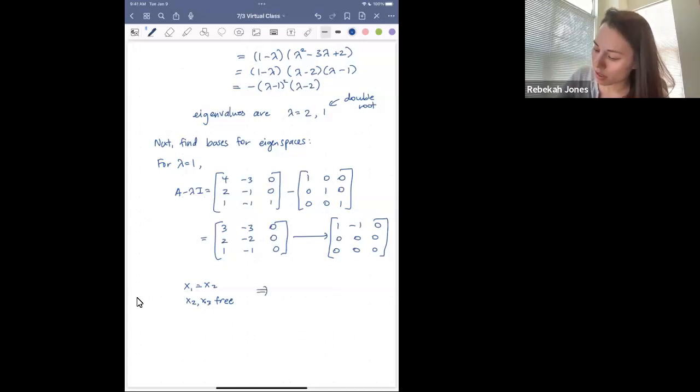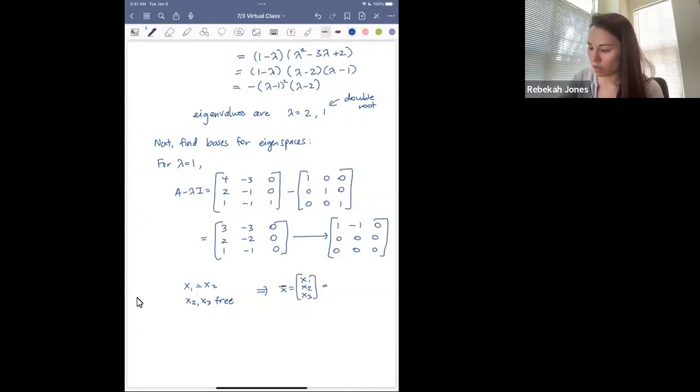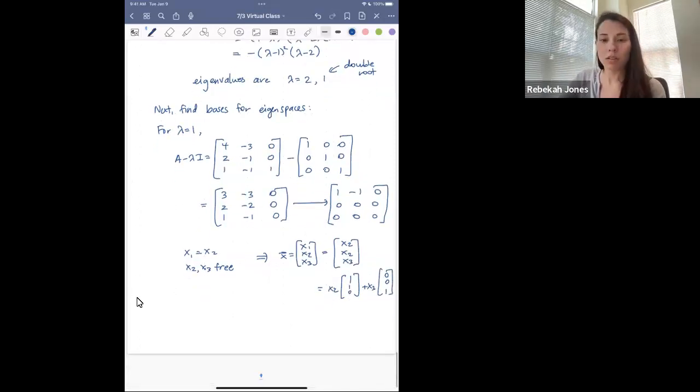So that means that we write down our parametric vector form for the solution, and we get x2, x2, x3. And splitting this, we get x2 times the vector 1, 1, 0 plus x3 times the vector 0, 0, 1, right?